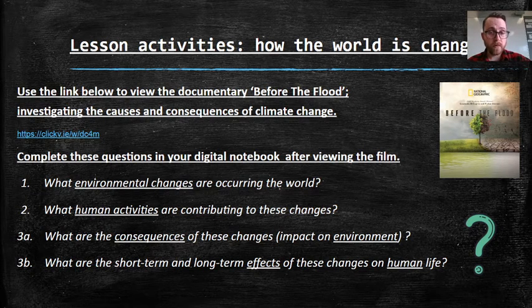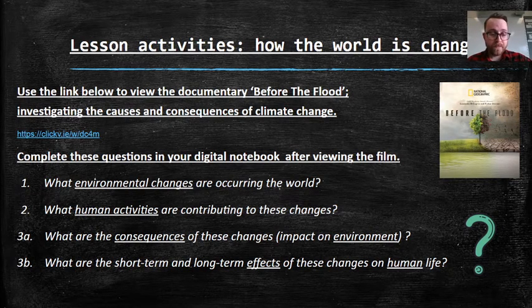In question 2, what causes climate change? Question 3: What are the consequences of these changes? What is the impact on the environment specifically? Following on from my last answer, what are the consequences of climate change? Well, if climate change happens, this and this are going to happen to the environment.